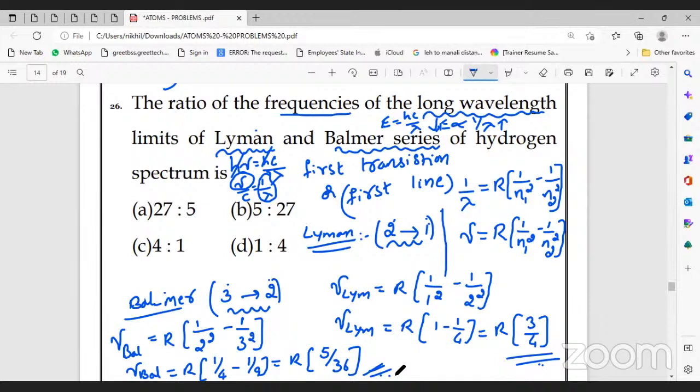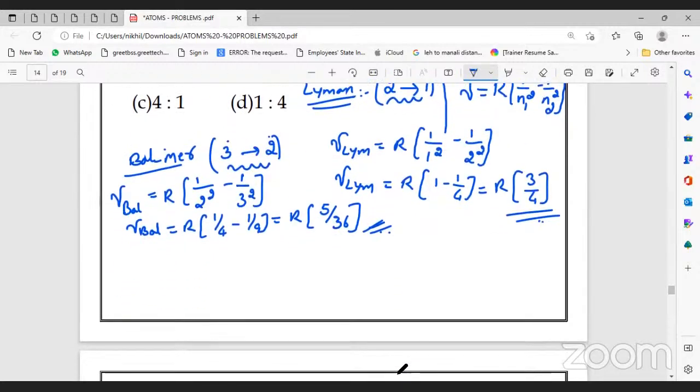So we have calculated the frequency of Lyman series and Balmer series. Now, can we calculate the ratio of that? The ratio of the frequency of Lyman to that of Balmer is 3R by 4 divided by 5R by 36.